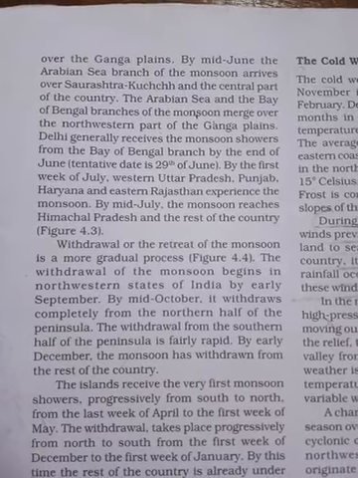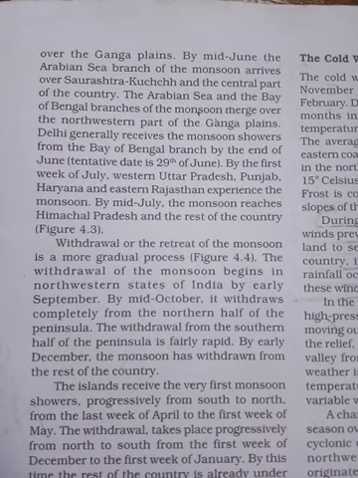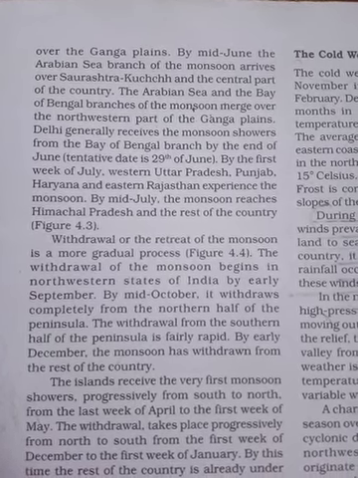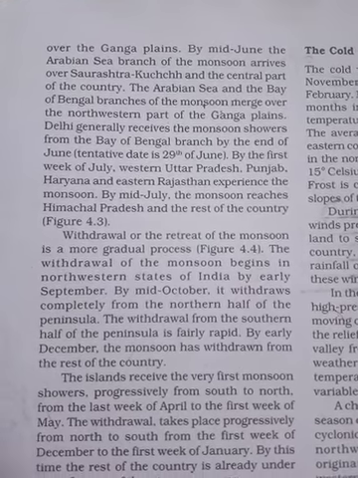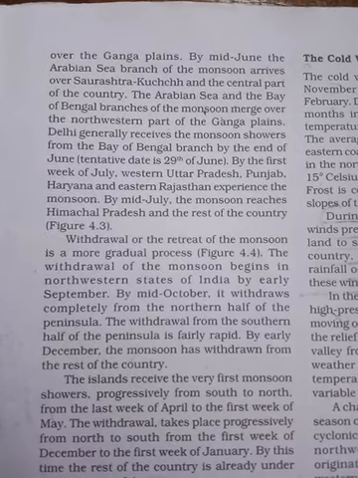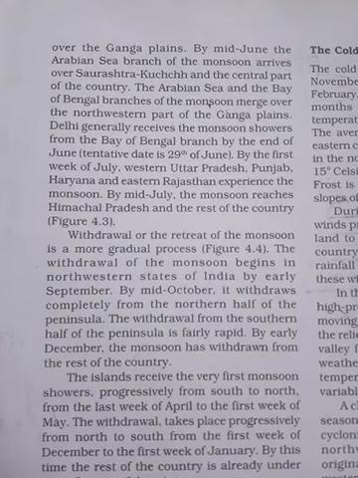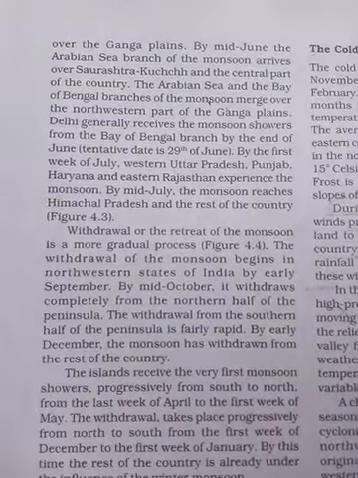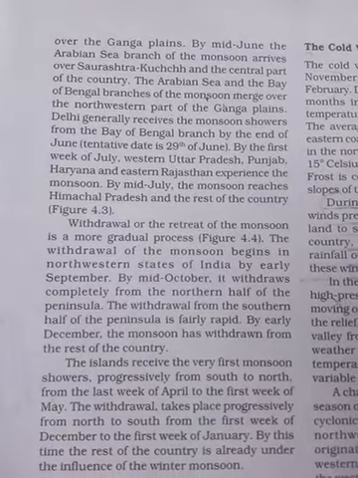In the middle of June, the Arabian Sea branch of the monsoon arrives at Saurashtra-Kutch and the central part of the country. So in the first week of June it reached Mumbai, and by the middle of June it reached the Kutch area and the central part of the country.